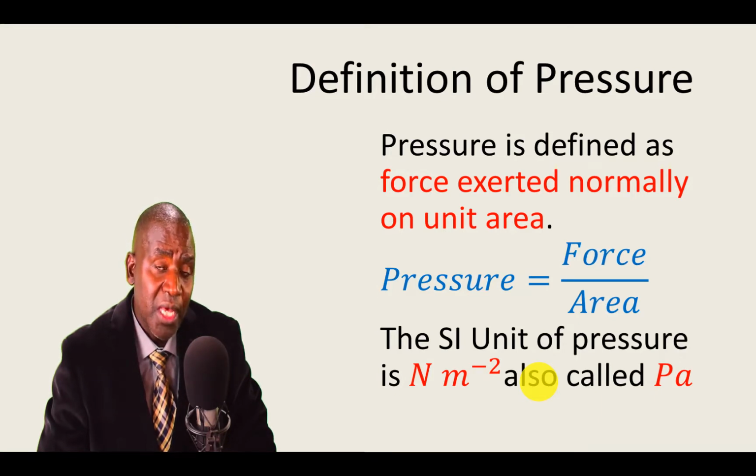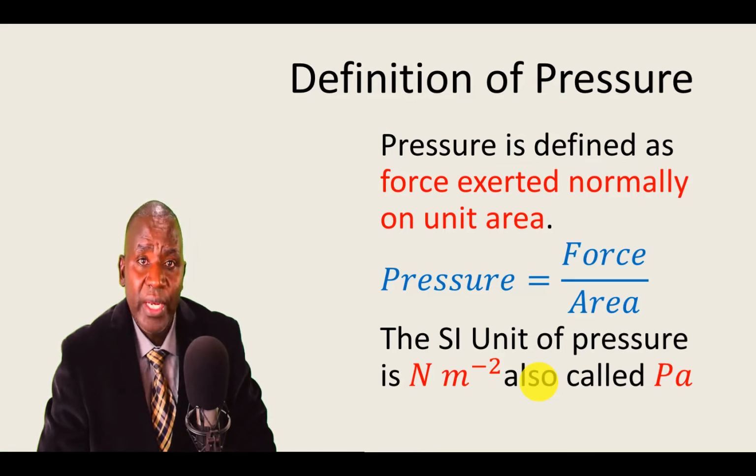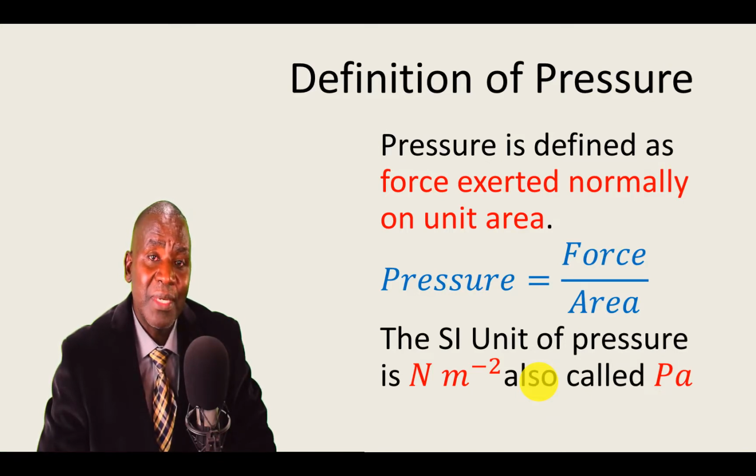It is important to know how to convert from centimeters squared into meters squared. And you use the simple conversion unit that 1 meter squared is the same as 10,000 centimeters squared. Or 1 meter squared is the same as 1 million millimeters squared. So that conversion unit is important.